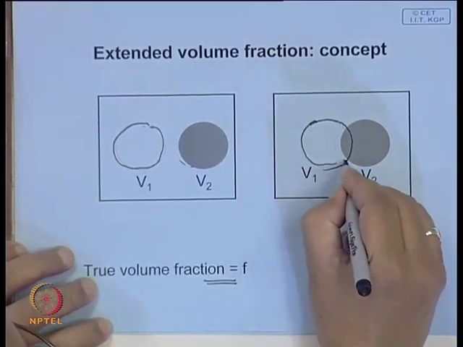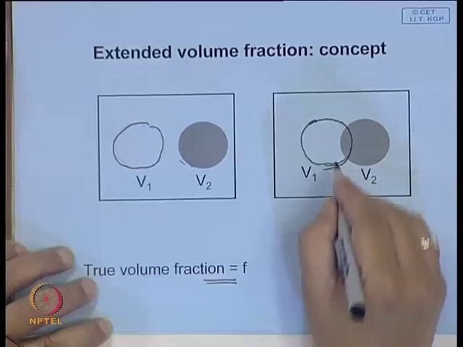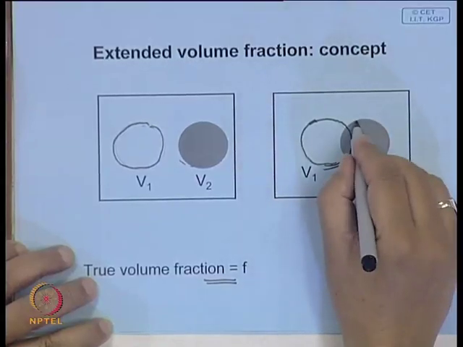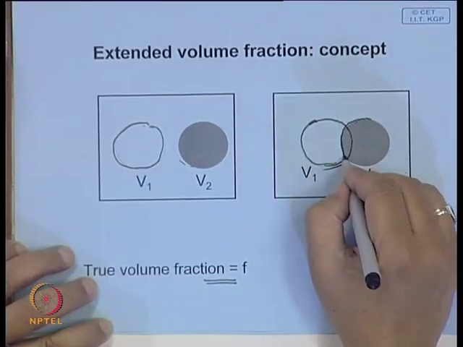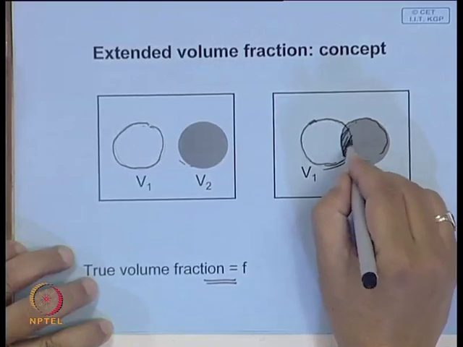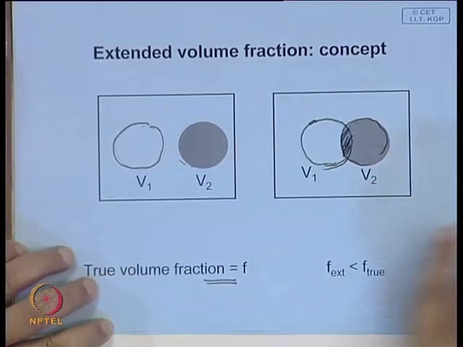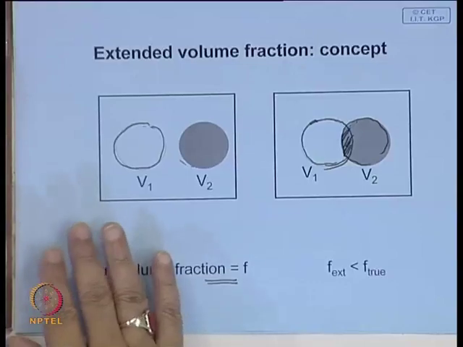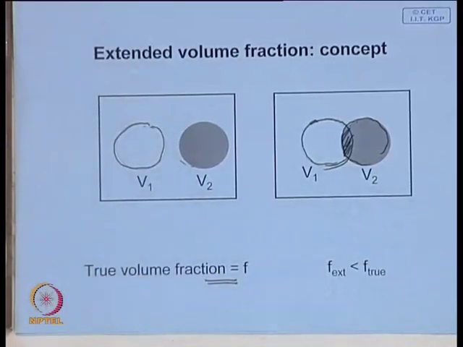If you add the two volumes, you get a wrong volume fraction, because you are counting this volume twice. We shall look at how, with this concept, it is possible to derive a definite expression for fraction transformed, say for transformations like the pearlitic transformation or any diffusion-controlled transformation.